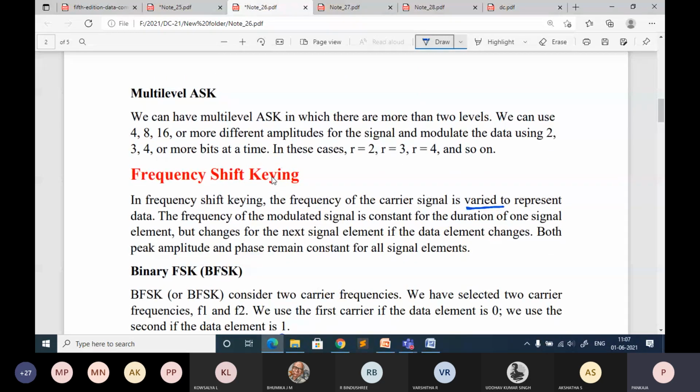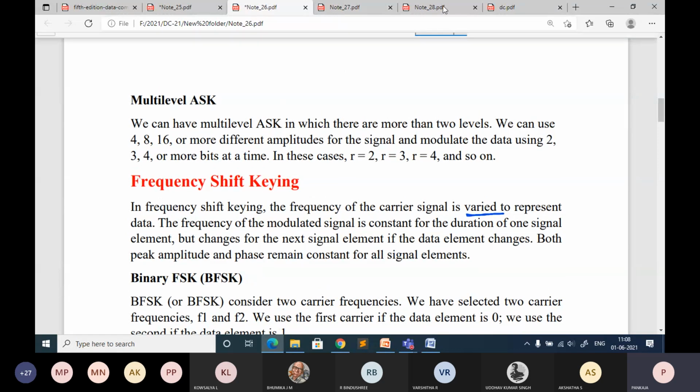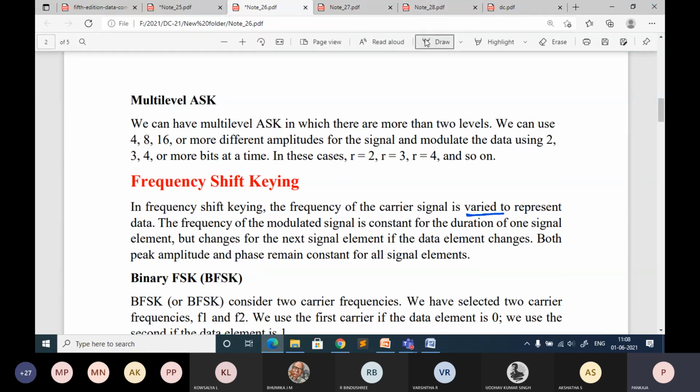Next, I think multi-level ASK is already explained, but let me start from there. We can have multi-level ASK. Multi-level means not only one bit, 1 and 0, but more than one bit. Whatever we discussed in binary ASK represents only one bit at a time.